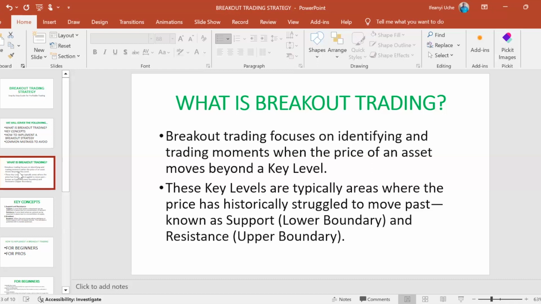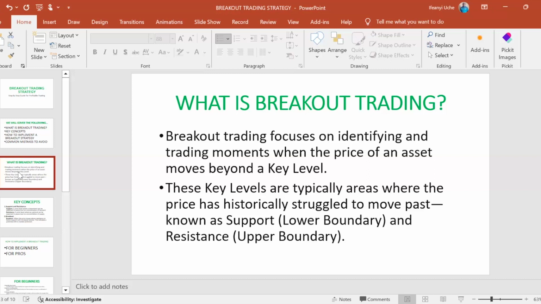So if we want to analyze the chart for the past one week, you can begin to see for a particular instrument, EUR/USD, GBP/USD, or gold, several price points where price encountered some hindrances, obstacles, or barriers.